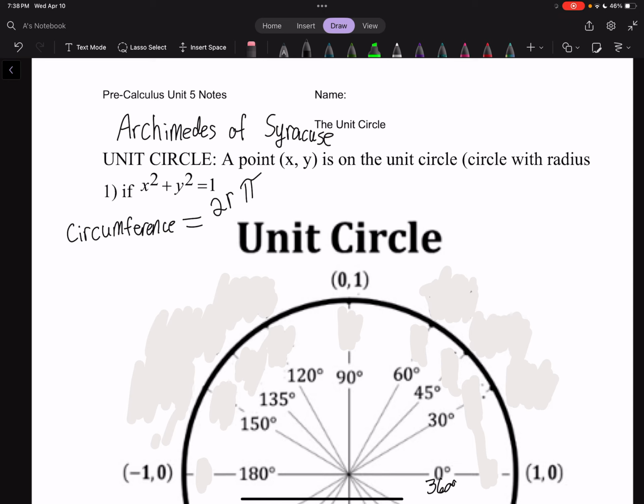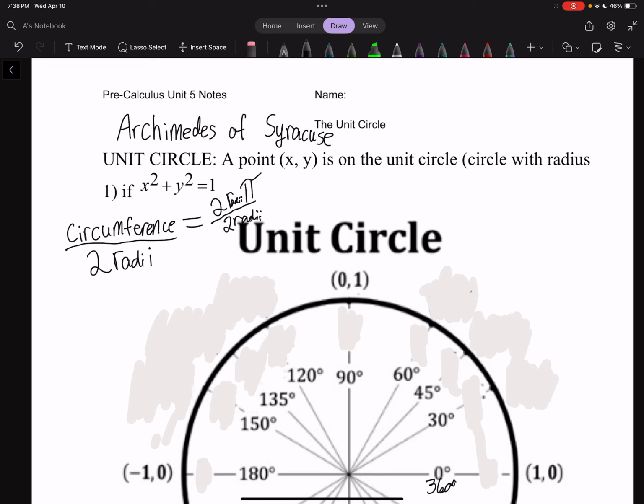Therefore, he figured out if you divide by that, so circumference over 2 radii, or in other words, circumference over diameter, you would get pi, okay?